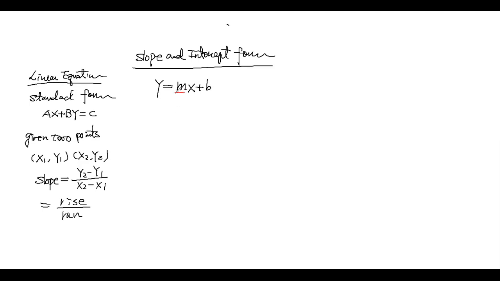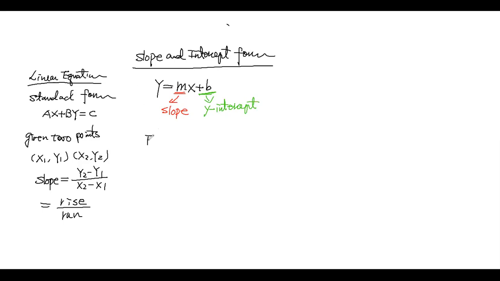What is m here? M is our slope. And what is b? B, remember including the sign in front, so sometimes it could be negative. This is what we call the y-intercept.